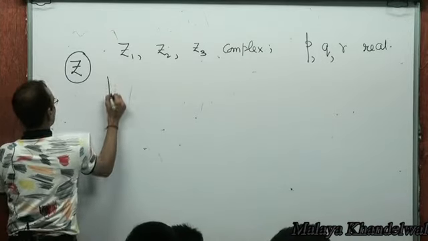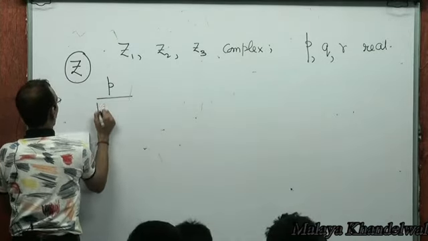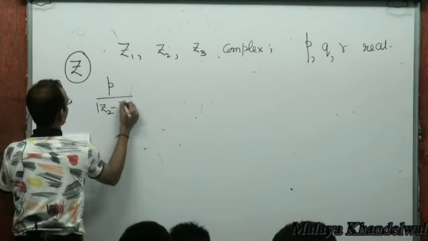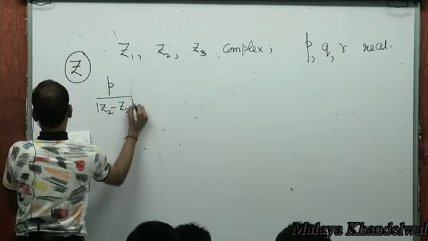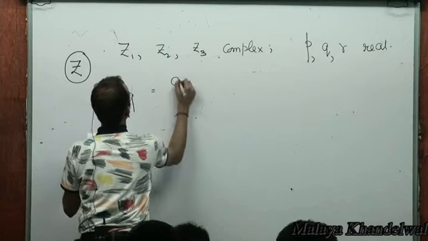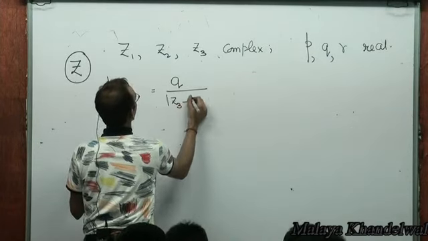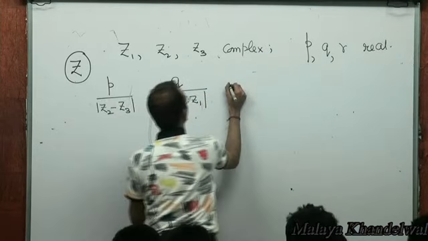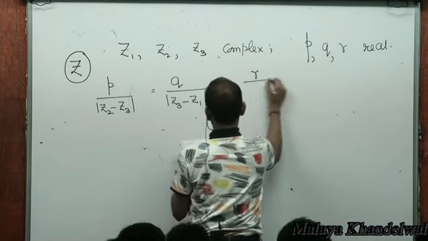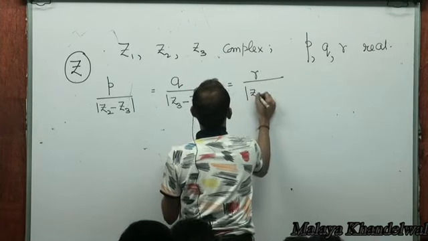It's given p by mod z2 minus z3 equals q by mod z3 minus z1 equals r by mod z1 minus z2.